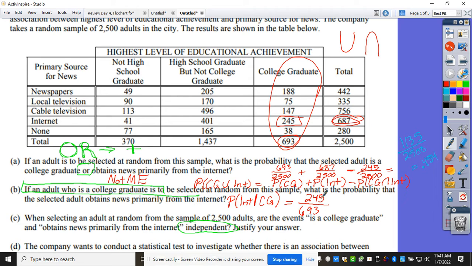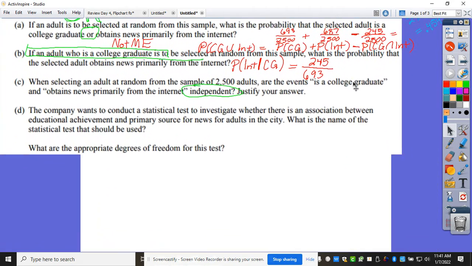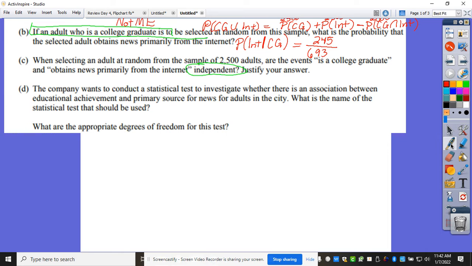Now, C, we are trying to figure out if they are independent. I need more room. How do I figure out if two things are independent? Just give me stuff. Tell me what to do from there. Probability of A equals probability of A given something else. Right?